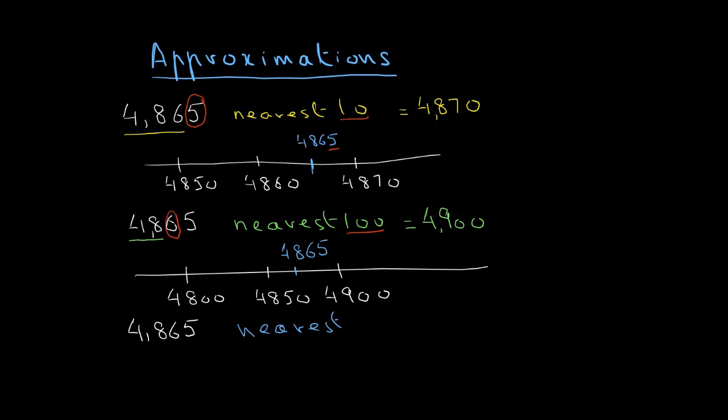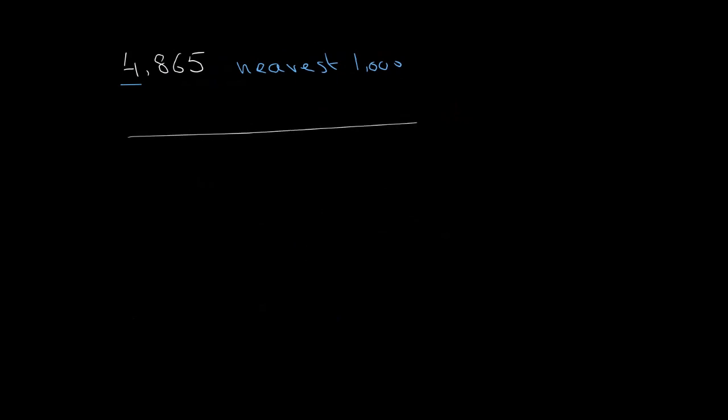So let me go to the next page and do 4865 to the nearest 1000. You can again see I am going to be skip counting by thousands. So this is just 4,000 right over here. Let me draw the number line. I only have to worry about 4,000 and 5,000.